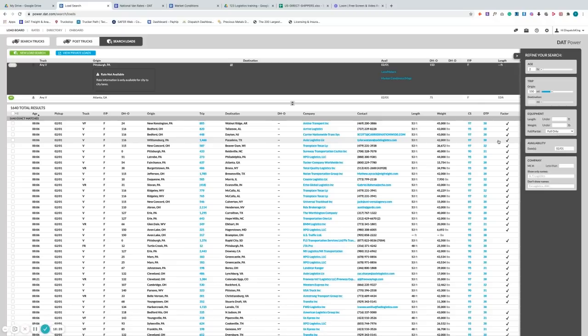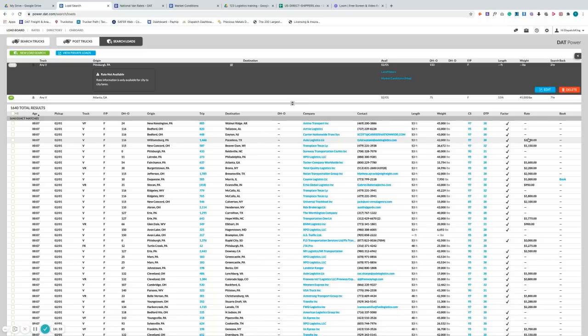Figure out what your driver rate per mile is. I showed you how to figure that out. You divide the rate by the mileage, and that's gonna give you the rate per mile.